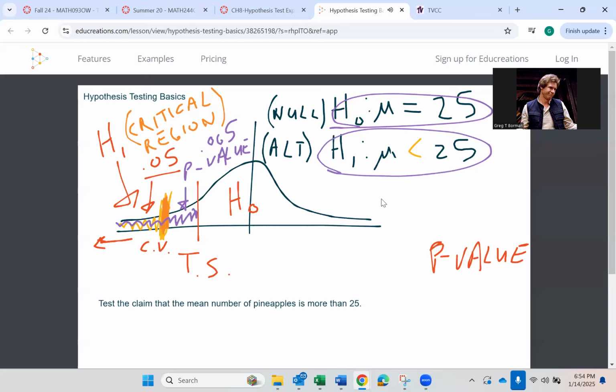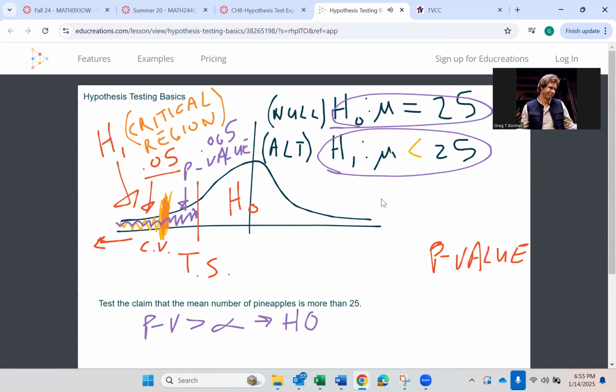But if I think about those percents, the 0.05 and the 0.065, then I can tell that when the p-value is greater than the amount of area in the critical region, which we refer to as alpha, when the blue is greater than that green or orange in the critical region, then the test statistic is in the H0 region, in which case we go with H0.